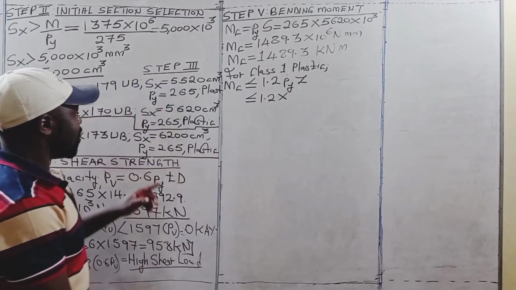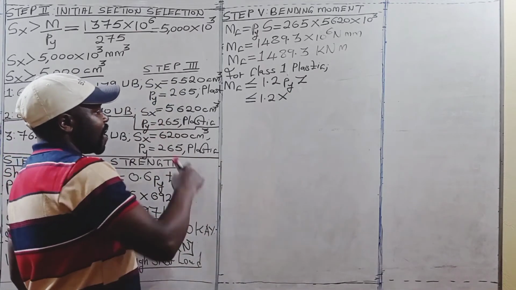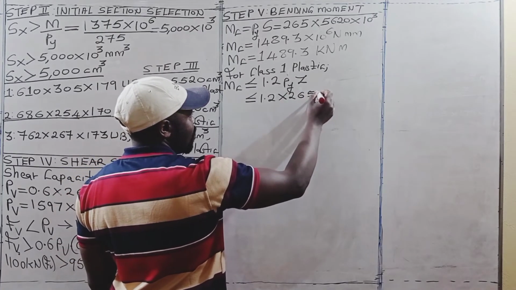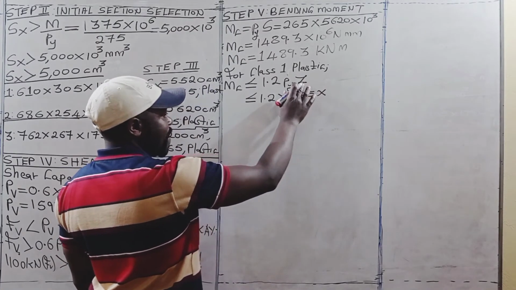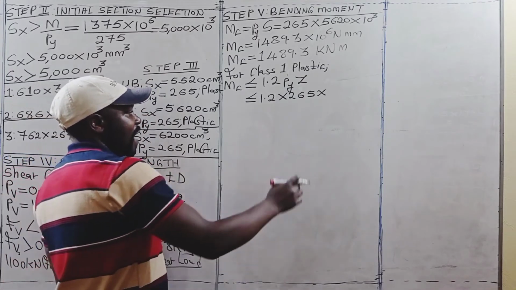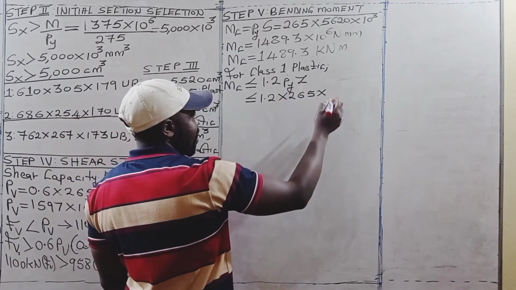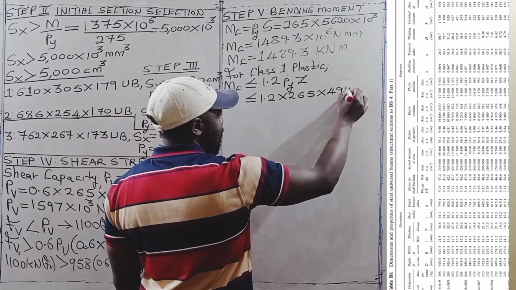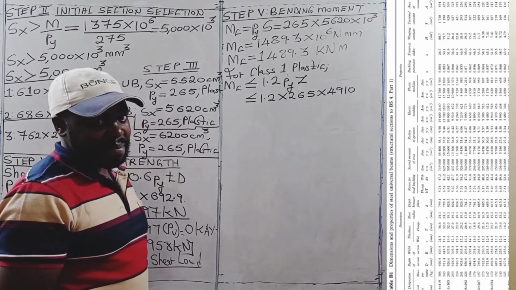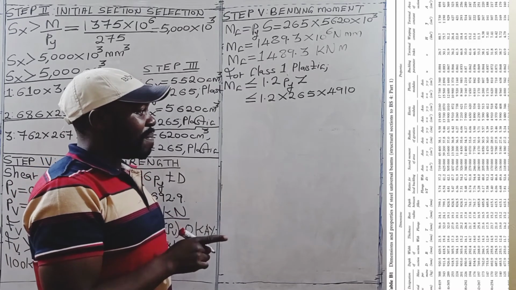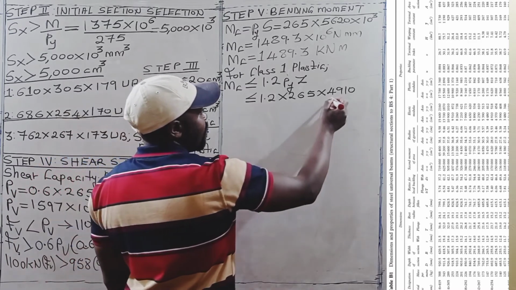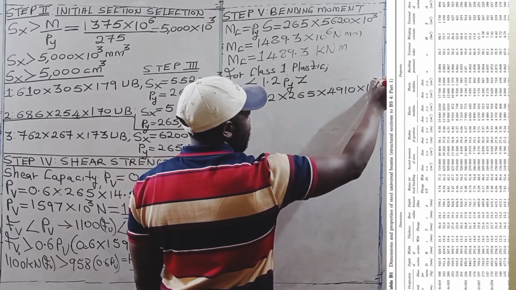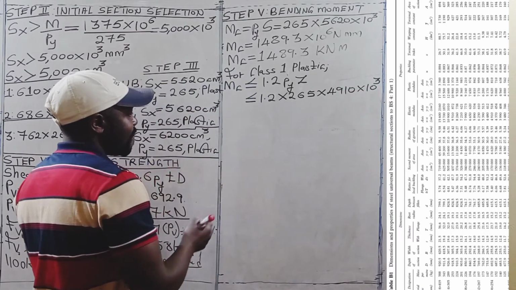strength of this steel, 265 newtons per square millimeters. Therefore, multiply that by 265 times, from Appendix B, the elastic modulus of this section is 4910 cubic centimeters. We need to convert that to cubic millimeters. Therefore, we multiply 4910 by 1,000. Therefore, 10 raised to the power of 3.